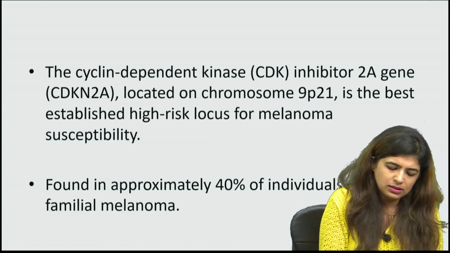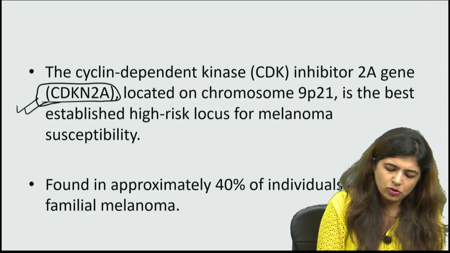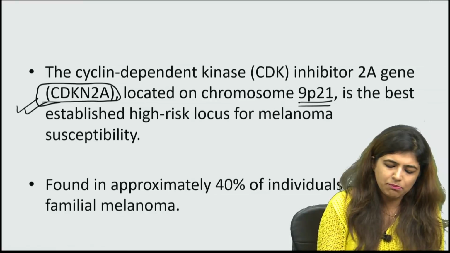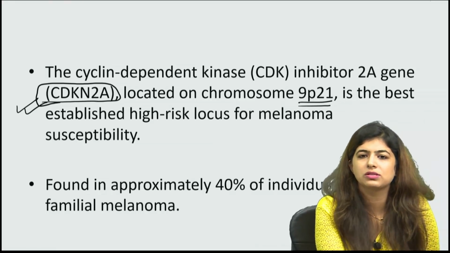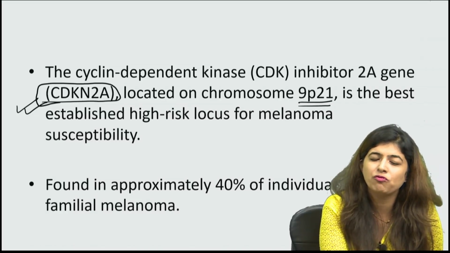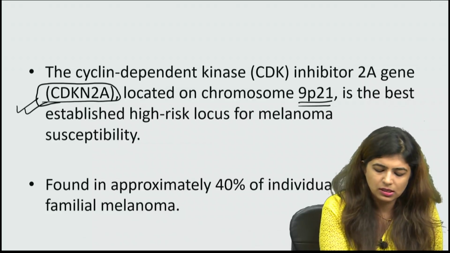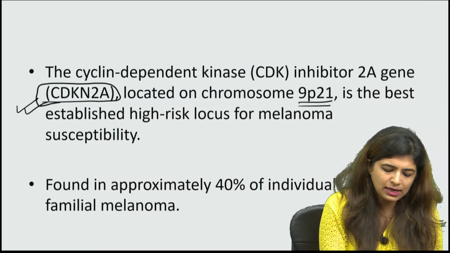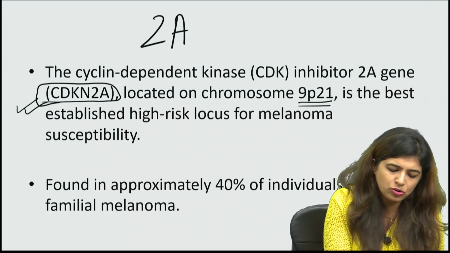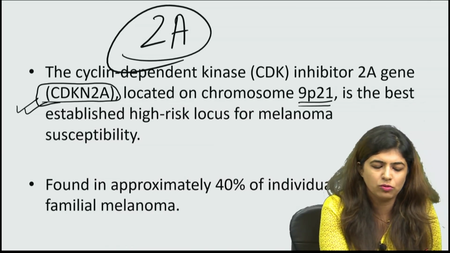The answer to this is CDKN2A, present on chromosome 9, is the best established high-risk locus for malignant melanoma, found in up to 40% of individuals with a familial disease. So please remember CDKN2A, just remember 2A for malignant melanoma.